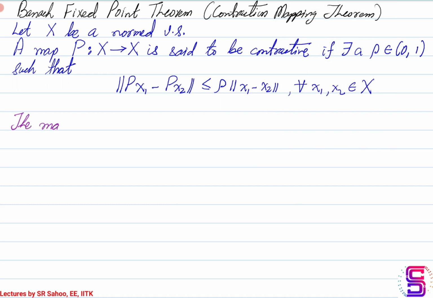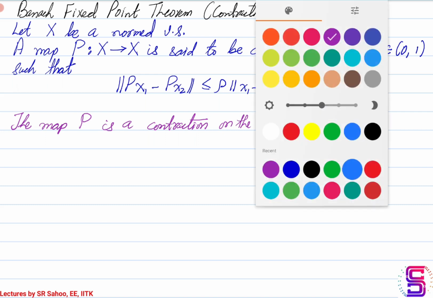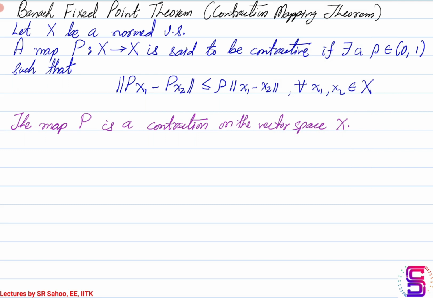One can also state it in the following way: the map P is a contraction on the vector space X. In case X is a complete vector space, then the norm used in the definition of the contraction mapping is the norm under which the completeness of the vector space X holds.